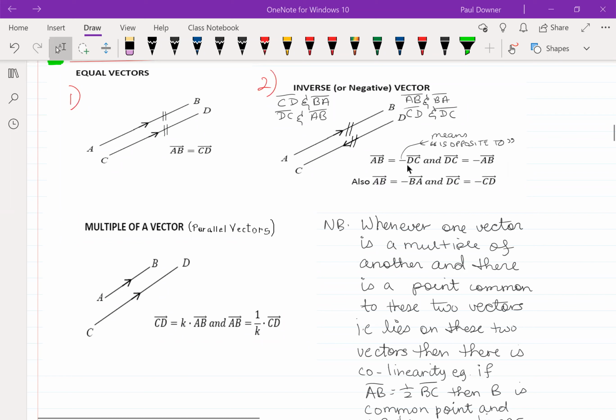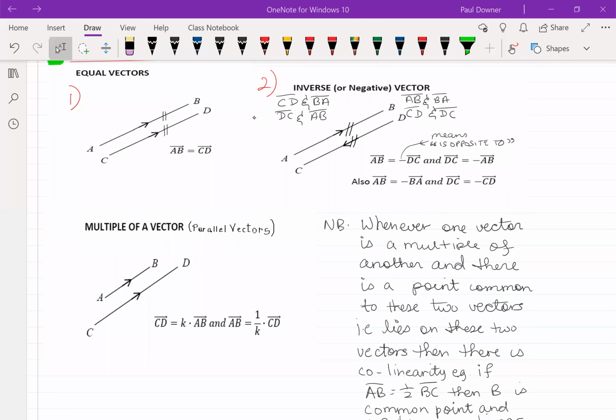They are inverse vectors. Similarly, DC is opposite to AB. AB is opposite to BA because these two are inverse vectors. DC is opposite to CD. So think of the negative as opposite. Easy word to remember. The more advanced word is inverse or negative vector. So that's the second property you need to be aware of to do calculations for vectors.